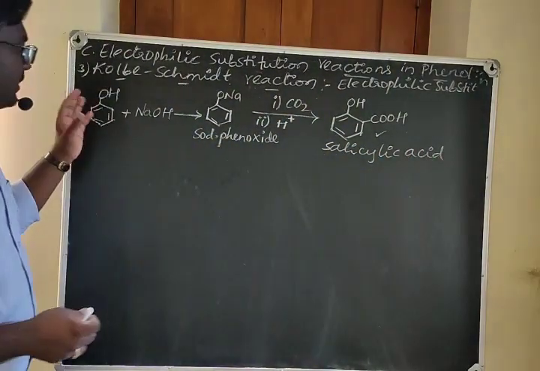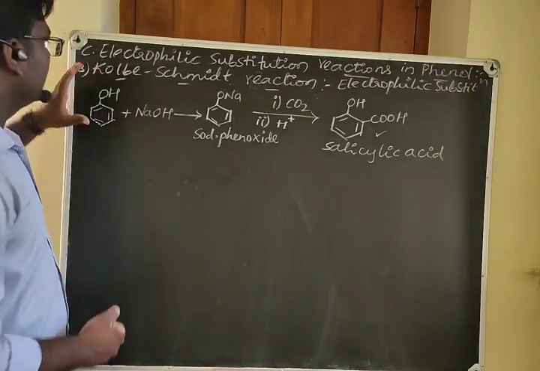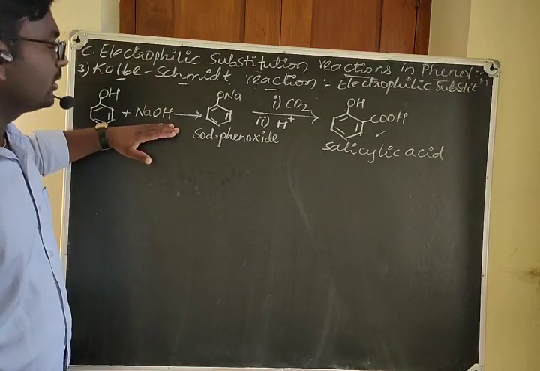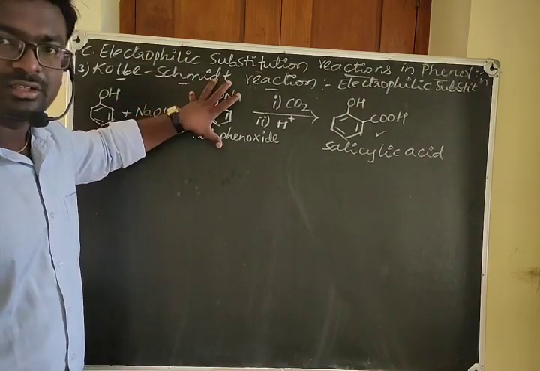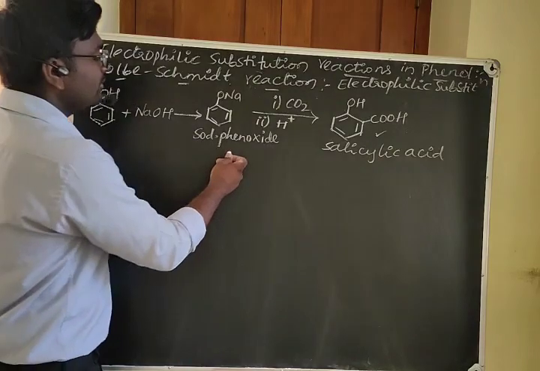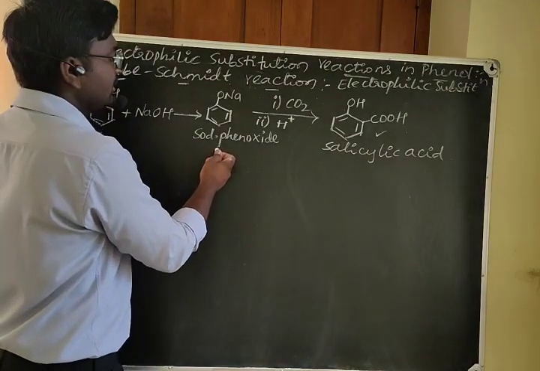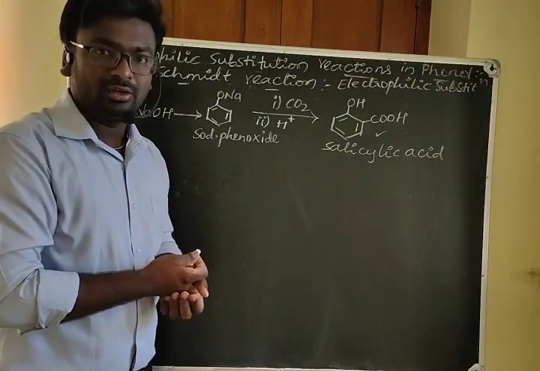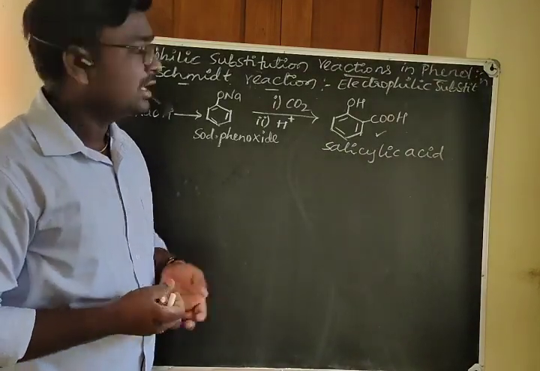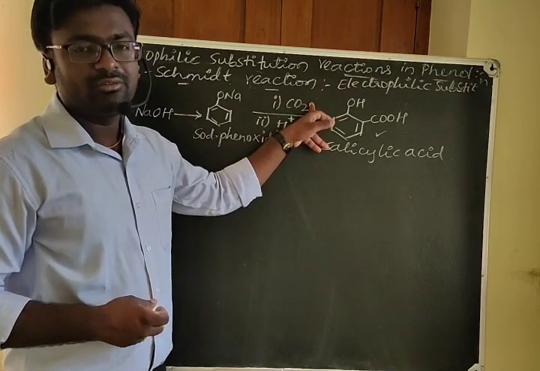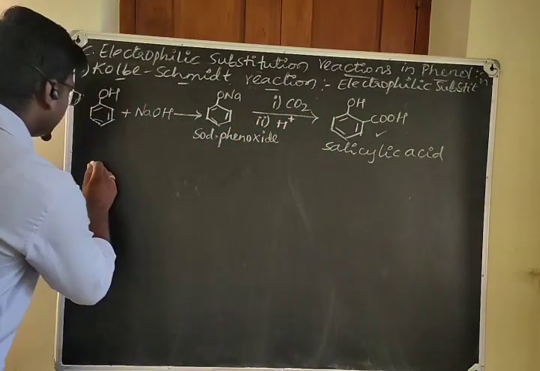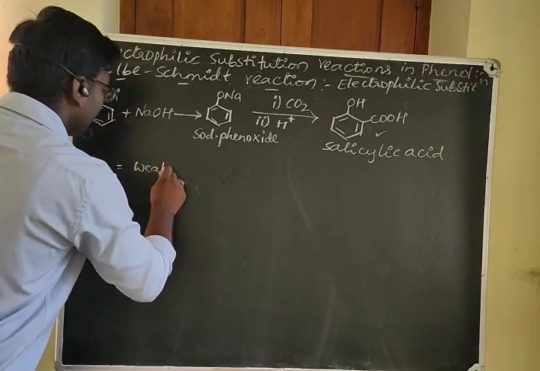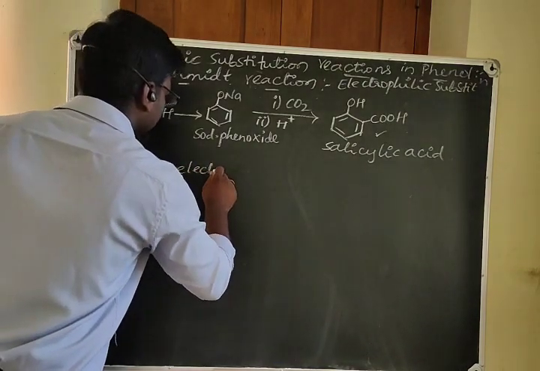Let us recall this. Here phenol is treated with sodium hydroxide and becomes the sodium phenoxide ion. This sodium phenoxide ion readily undergoes electrophilic substitution reactions even with a weak electrophile. So carbon dioxide is a weak electrophile.